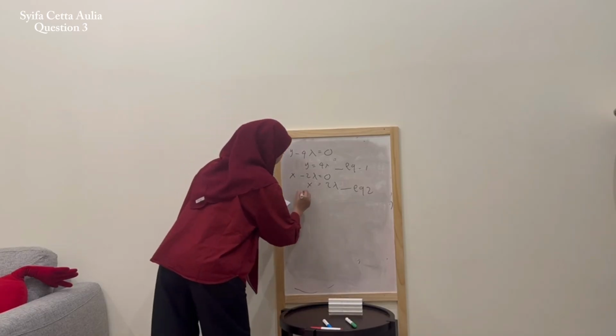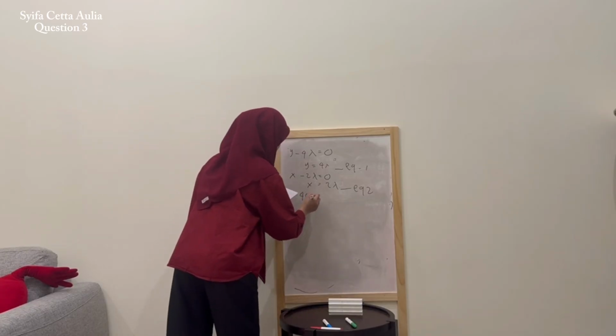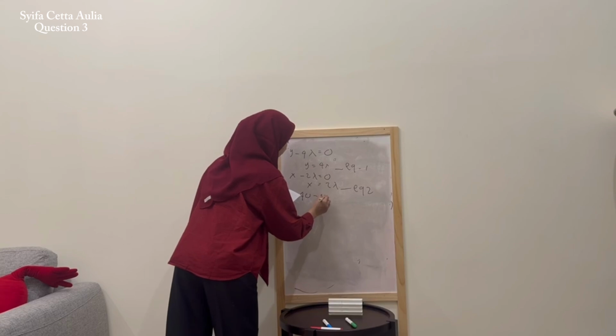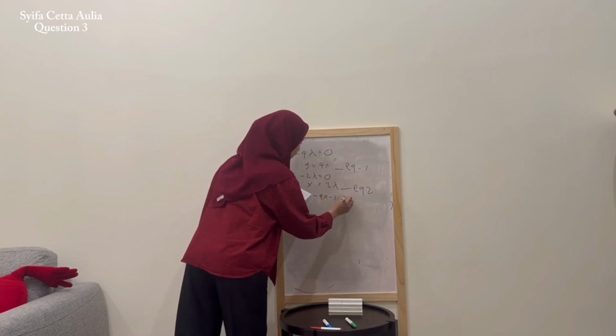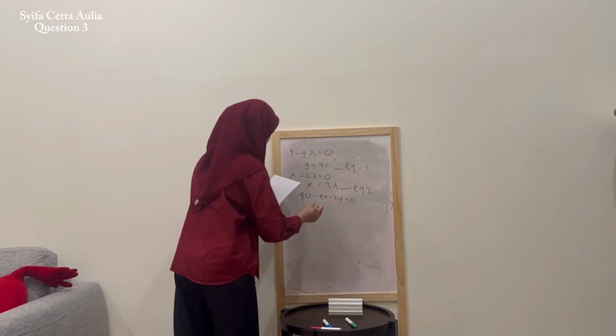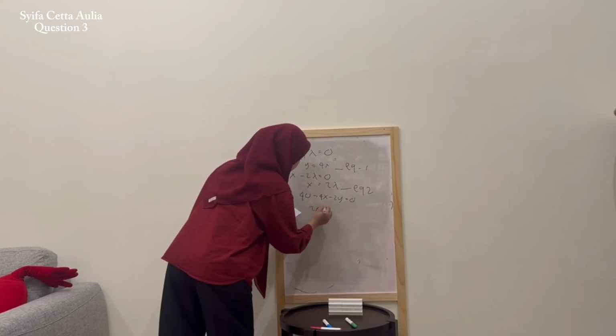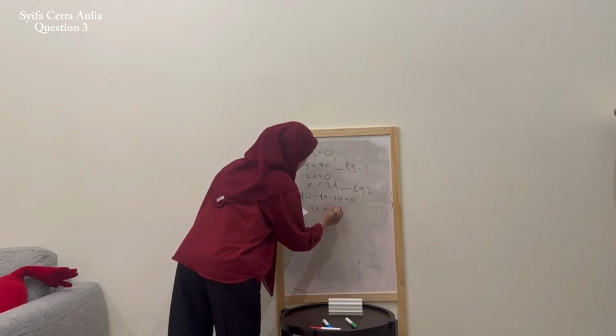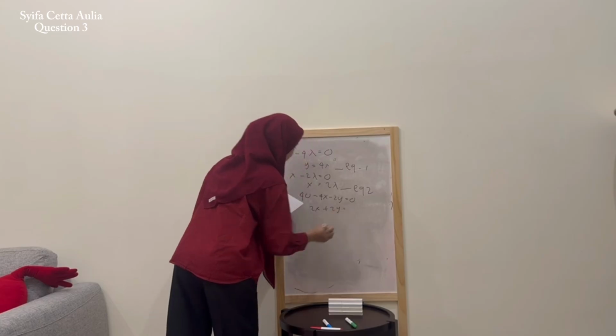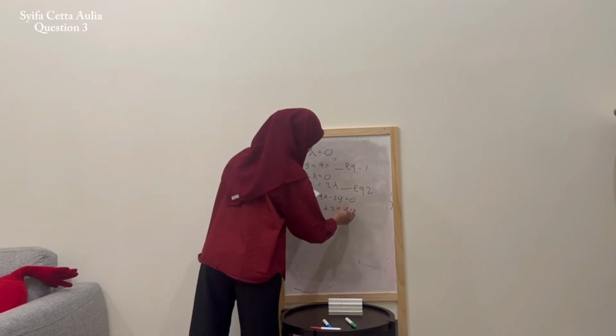Then 40 minus 4x minus 2y equals 0 becomes 2x plus y equals 20, or 4x plus 2y equals 40.